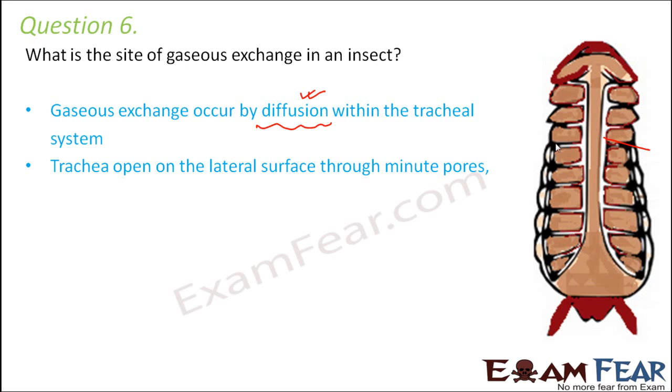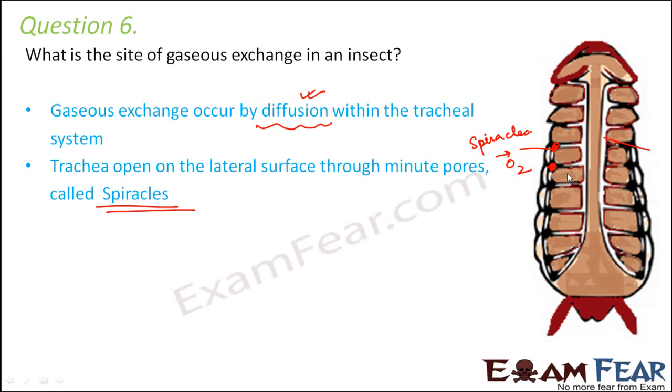Now these trachea open on the lateral surfaces through minute pores, and these pores are called spiracles. So these pores which you see, these black colored dots, are nothing but spiracles. Through these minute pores, the oxygen enters inside. Once the air reaches inside through these tube-like structures, it reaches different parts of the body by diffusion.